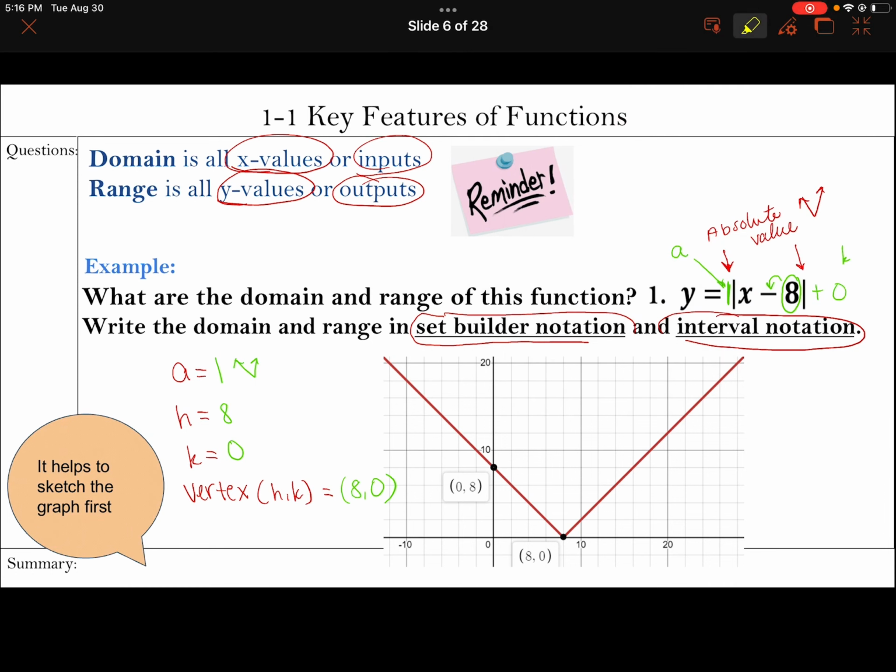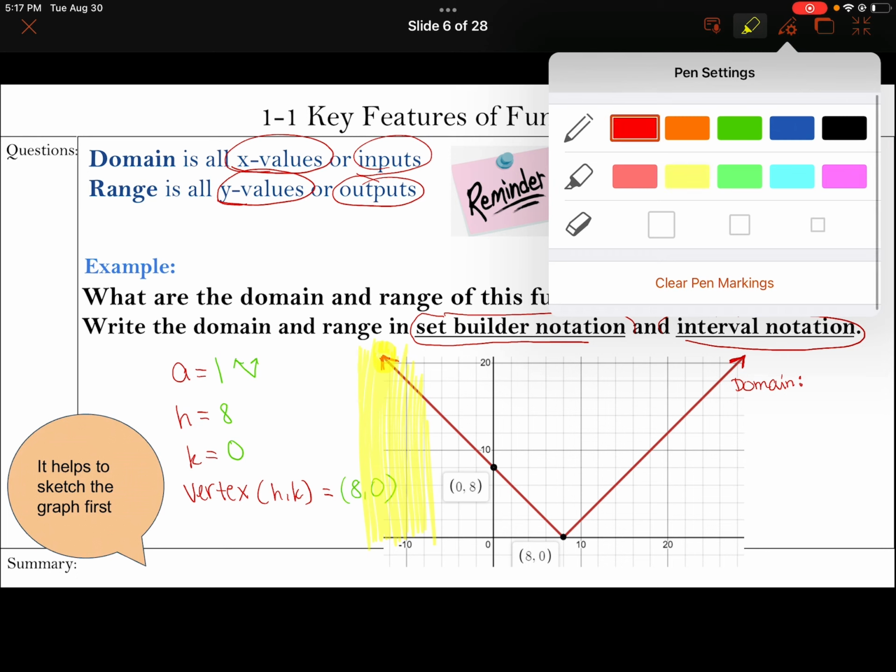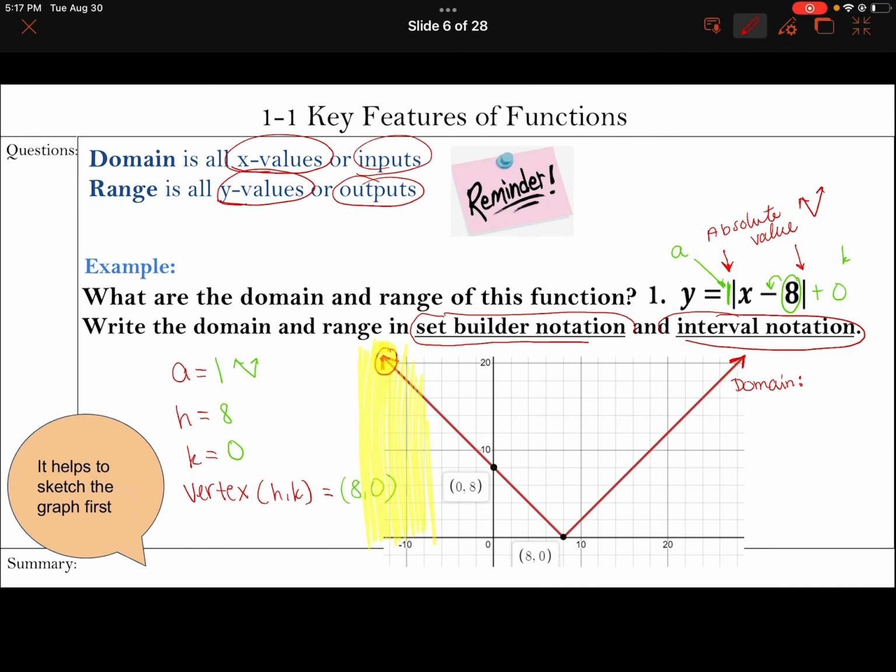So to find a domain, we have to scan from left to right. So I'm going to start from my left to right. So my domain are all my X values. So I see that I already reached my first point.